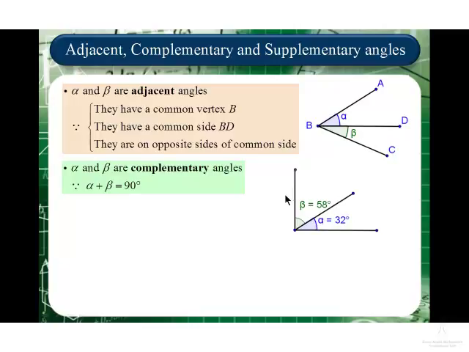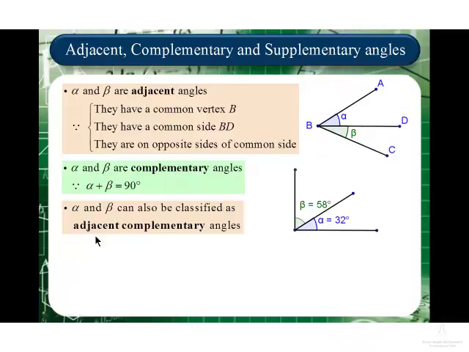Also, if we have this particular situation where the sum of the two angles is exactly 90 degrees, we can add a specific description: alpha and beta are then complementary angles. So in such a case, alpha and beta will be adjacent complementary angles. Adjacent according to what we have described, but also the sum of the two angles is equal to 90 degrees, and this is referred to as complementary angles.